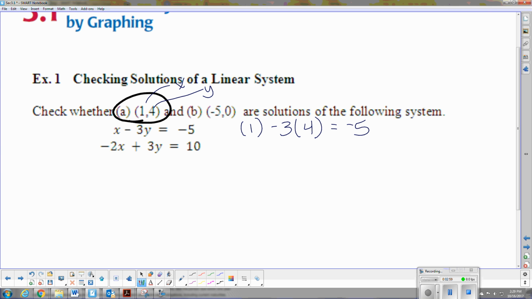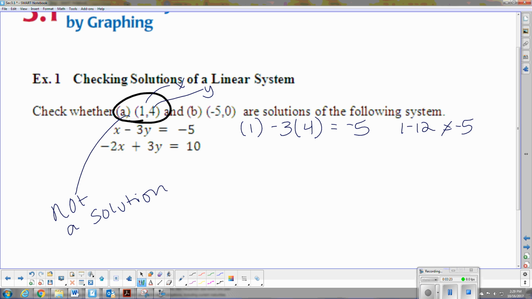Is that equal to -5? No. 1 minus 12 does not equal -5. So we know A is not a solution. We don't need to plug it into the second equation because it's not going to be a solution for the system because it's not true for both of them.